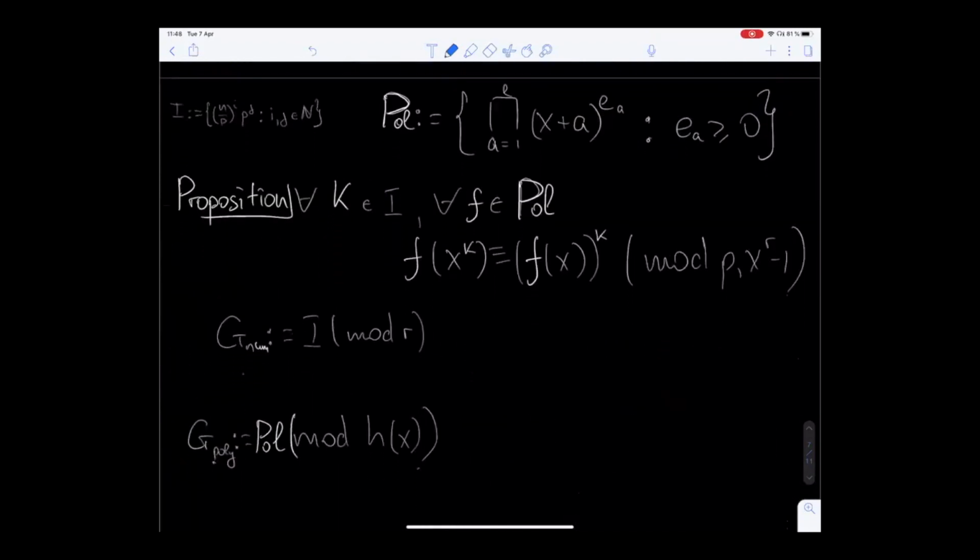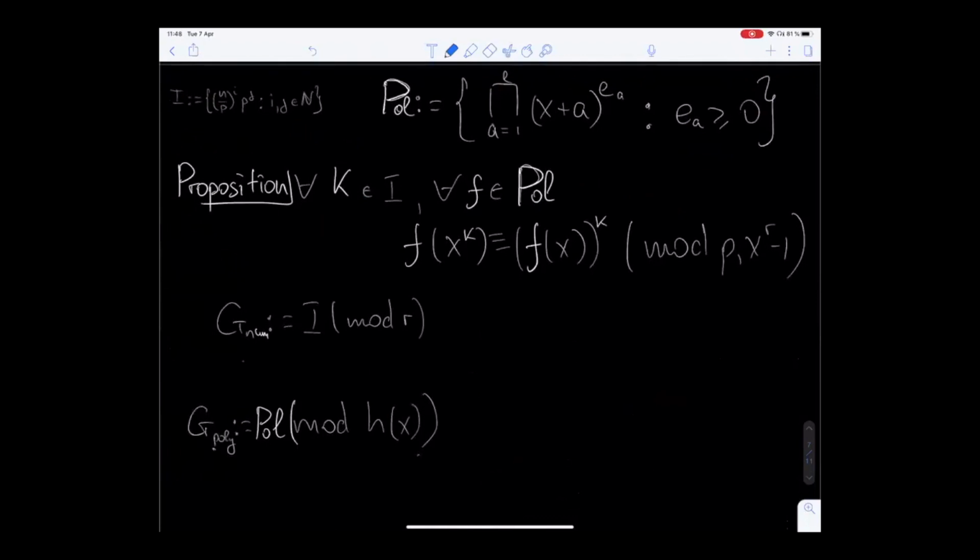We can define a set of polynomials which look like products of (x plus a) to some non-negative powers, where a is ranging from 1 to L. Remember that 1 to L is exactly the range for which we assume that property 4 holds.